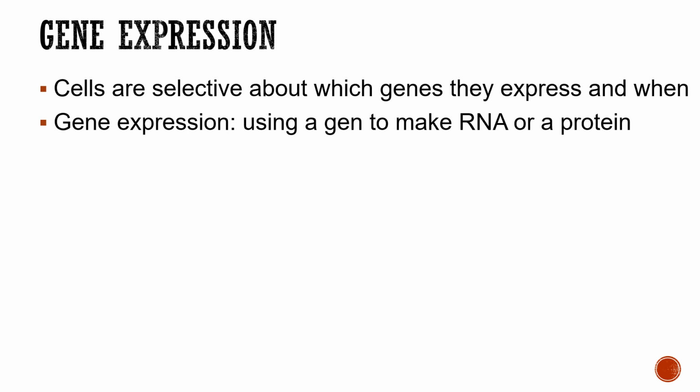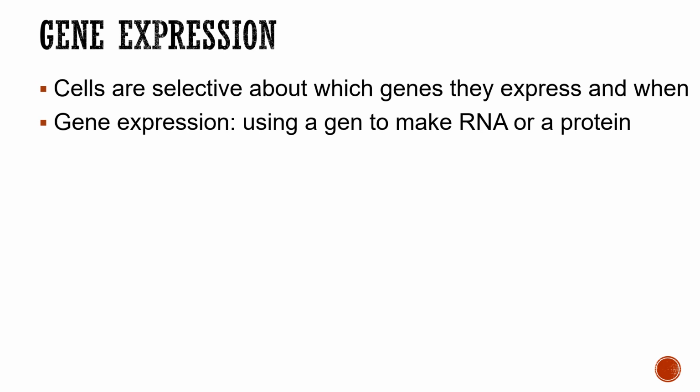So again, all the cells in our body have the same DNA, but a cell in a muscle is going to turn on and make different proteins than a cell like a neuron that's in the brain. So the genes are there to make all of those, but again, we only want to turn on the genes that we need to make the proteins so that we have the correct phenotype for each cell type.